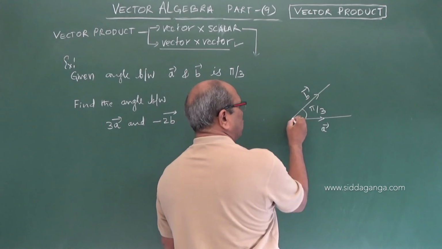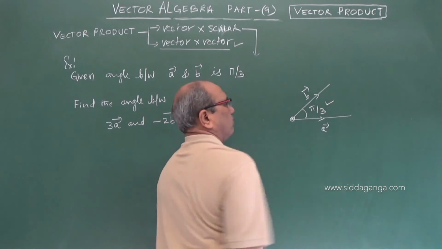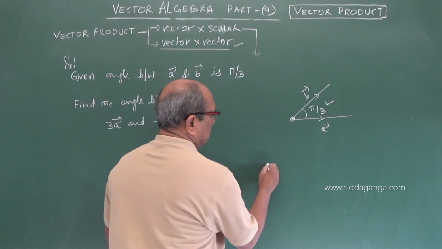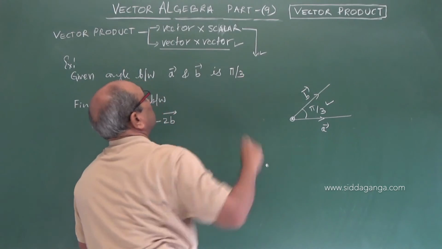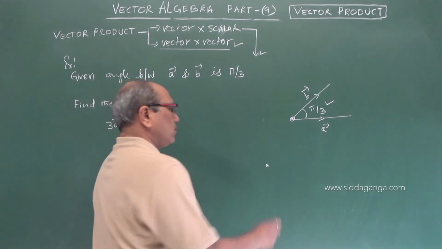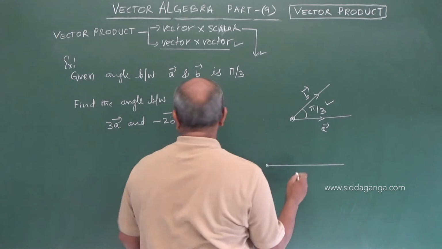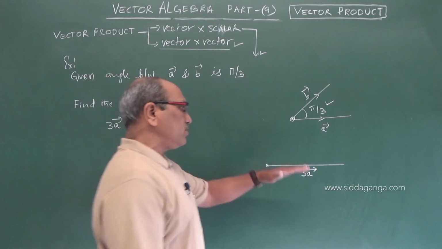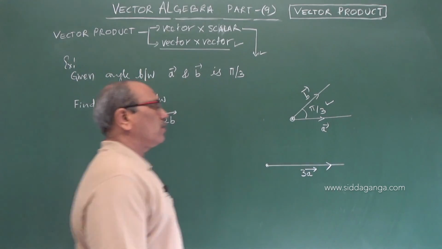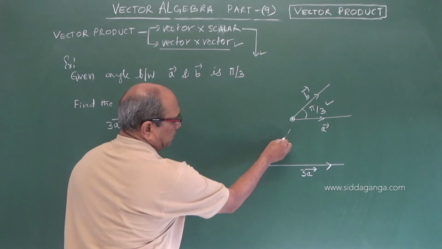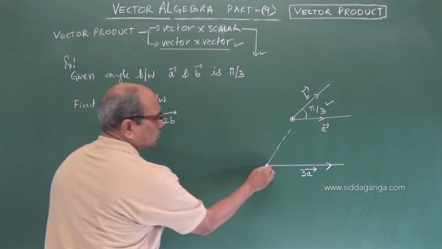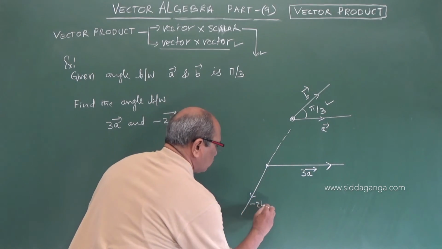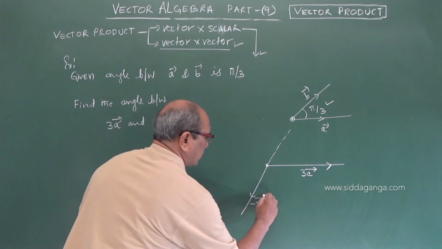Here, tail to tail joined, pi by 3 is right, first confirmed. But the question is 3a. How am I taking the application of a scalar with a vector? Here the magnitude increases to 3 times, positive. But B is acting in this direction. Now minus 2B is also increased, but along with that, the direction also changed relative to the B vector.